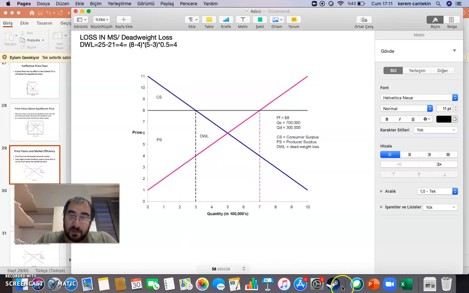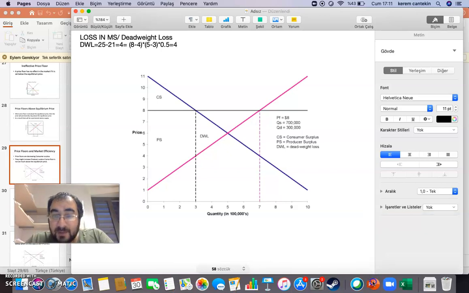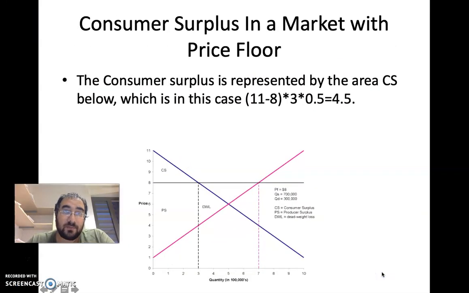Anyway, so this is the math of price floor, let me say. Now let's continue.